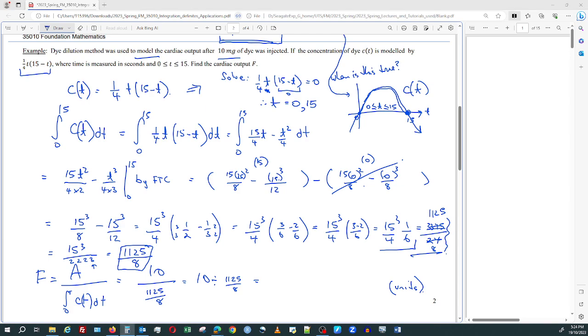So 1125 divided by 8 is a decimal. Let's pop that into the memory. I'll just do 10 divided by 140. That's better. 0.071 repeating units. So that's the one I'm going to go with.